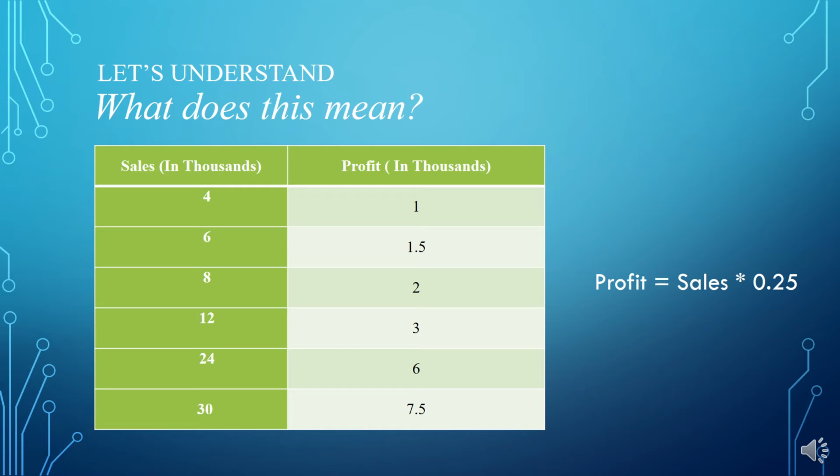So in this regard, we can figure out the incremental factor between sales and profit. That is, profit is obtained by multiplying sales by a factor of 0.25.